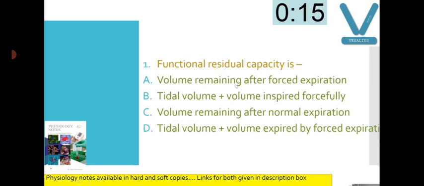We all know volume remaining after forceful expiration, that is residual volume. Tidal volume plus volume inspired forcefully, that is your inspiratory capacity. So this one is the answer: volume remaining after normal expiration.